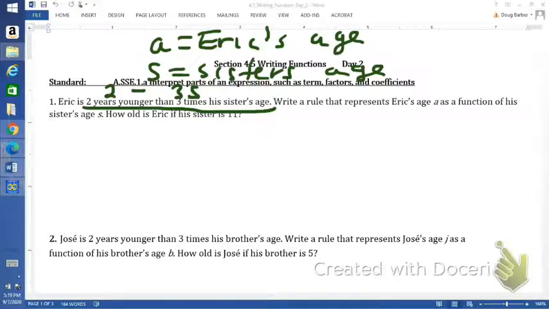For these problems, so yesterday we had to determine what the dependent and independent variable was, and whatever the dependent was, we capitalized that.